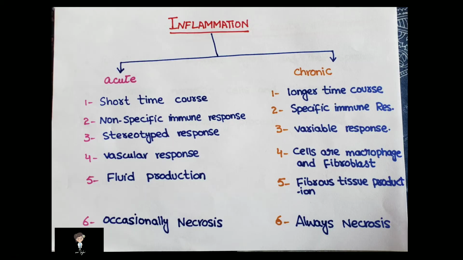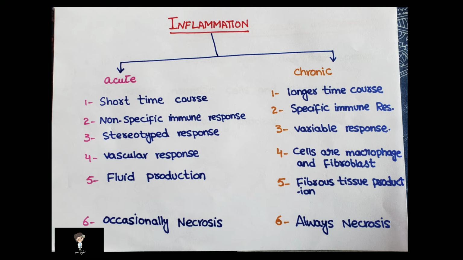So now we will see some comparison of salient features of inflammation. First of all, acute inflammation has a very short time course while chronic inflammation has a longer time period. Acute inflammation is a non-specific immune response while chronic inflammation is a specific immune response.